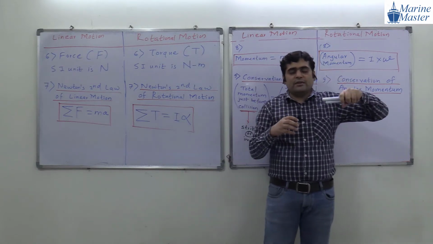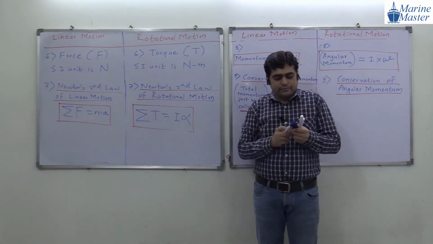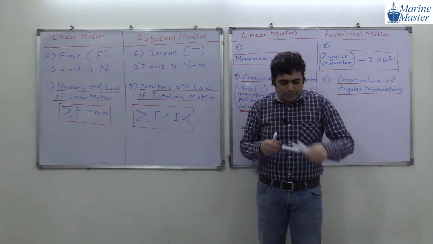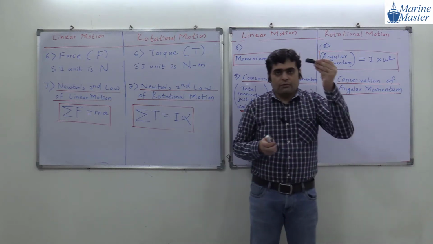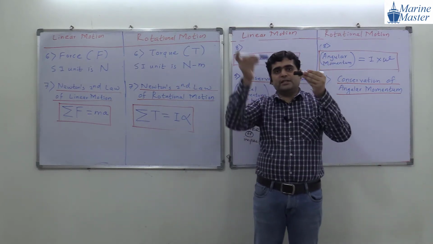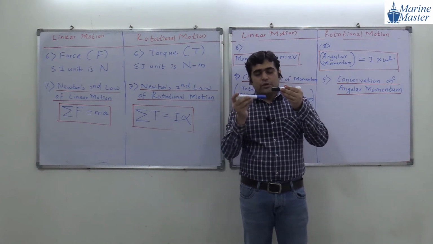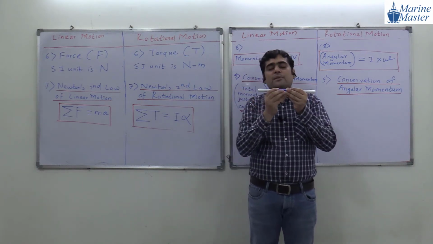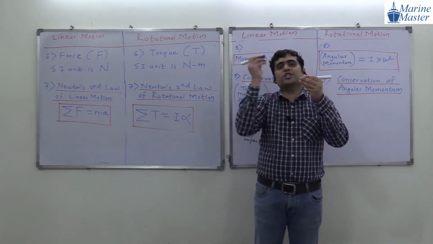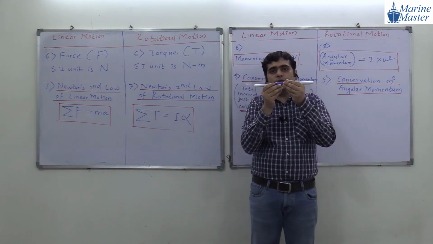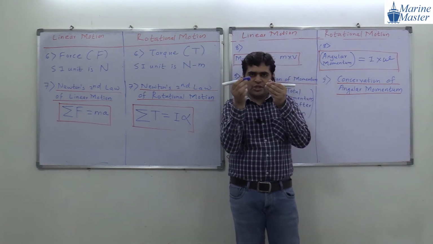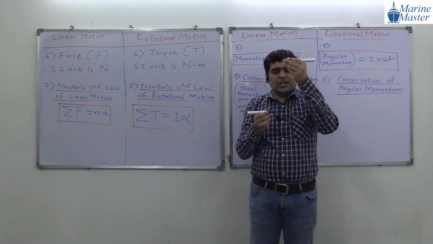In rotational motion, suppose this is one input shaft and we want to transfer its power to another shaft. What do we have to do for that purpose? Suppose initially this shaft is stationary and this shaft is moving.